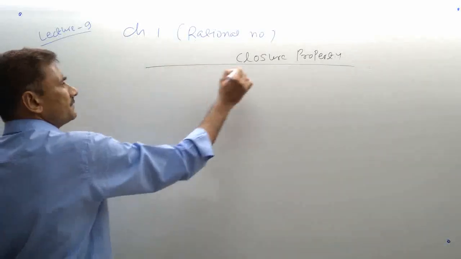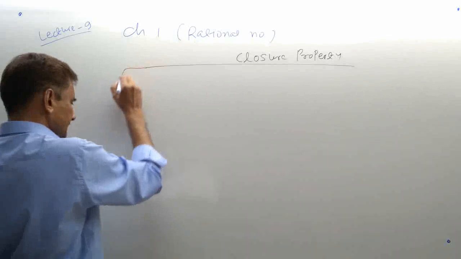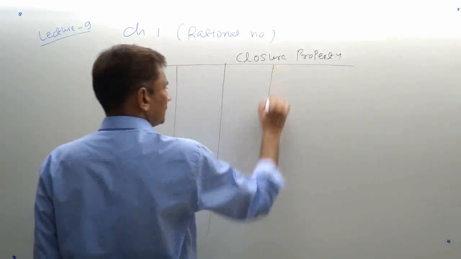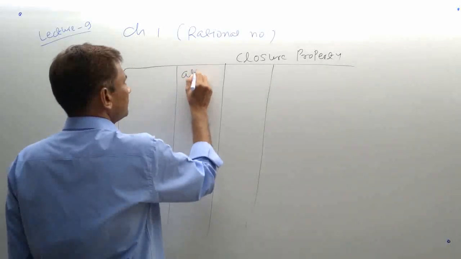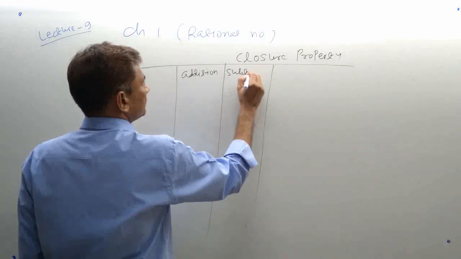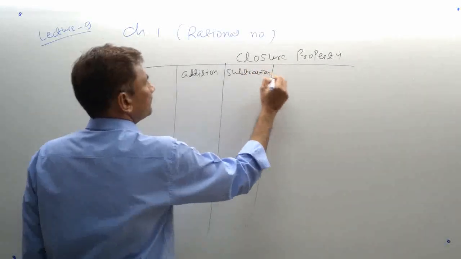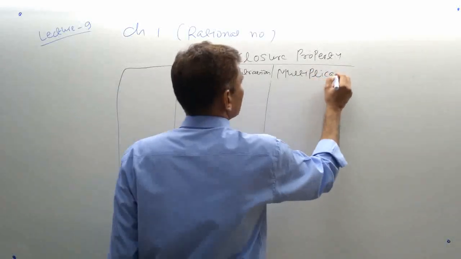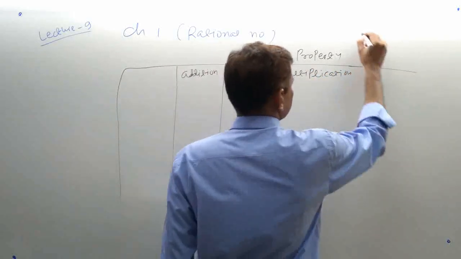We are now discussing closure property for addition, subtraction, multiplication and division.